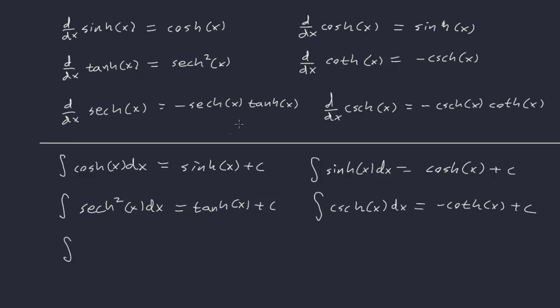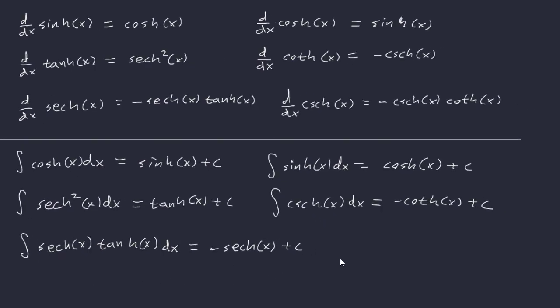And that's how all three of these are going to work. So if I have the integral of just secant h tangent h dx, that's going to introduce a negative, with negative secant hx plus c. The integral of cosecant hx times cotangent hx dx is equal to negative cosecant hx plus c.